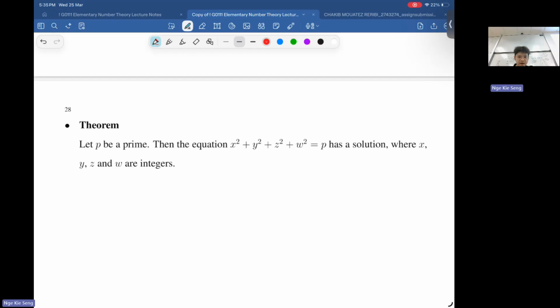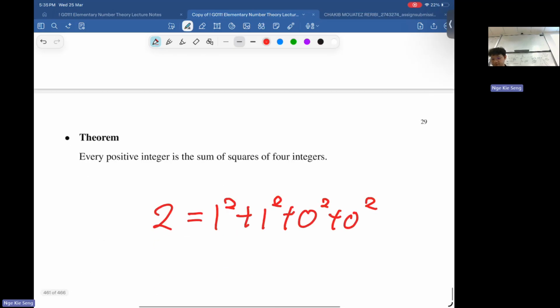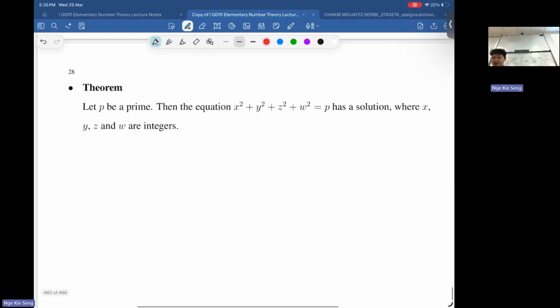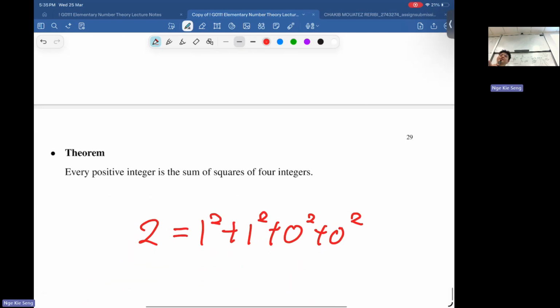And then from here, we can prove it for all positive integers. You know why? If I can prove it for primes, I can prove it for all. Why? This one you should know. Prime factorization.